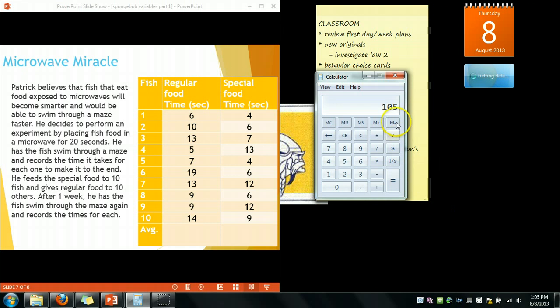This gives us a total of 105 seconds. But that's not the average, that's the total. To find the average, we need to take this total and divide it by the number of fish that swam the maze. So in this case, we're dividing by 10. So our average is 10.5 seconds for the fish that swam using regular food.